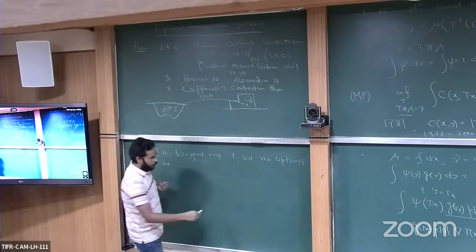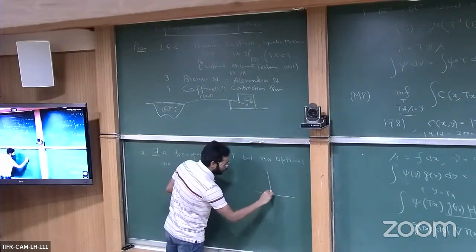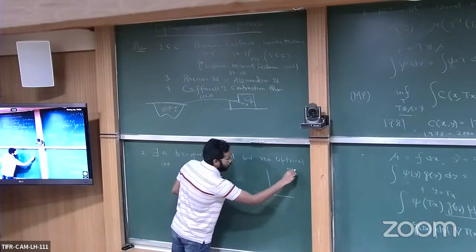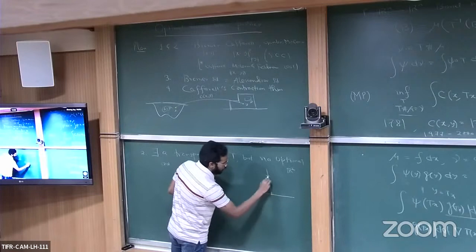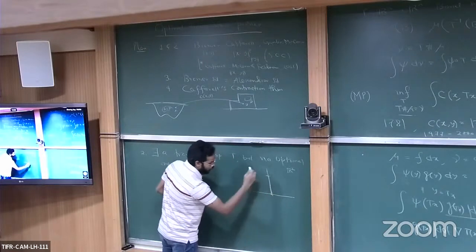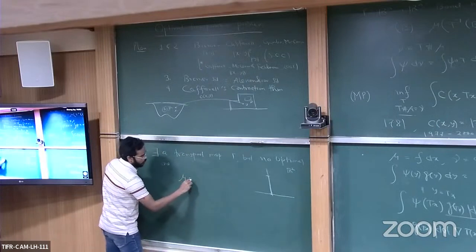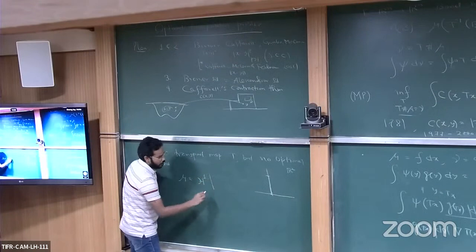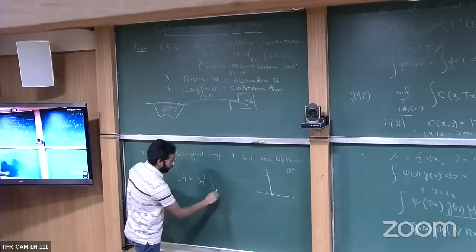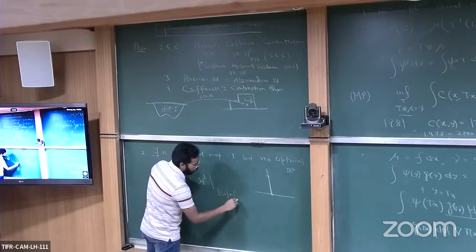So here is an example. You consider R2 and you just consider the line y equals 0, and this is where your mass is located, uniform. So your mu is just H1 restricted to this line, the segment [0,1] cross {y = 0}.